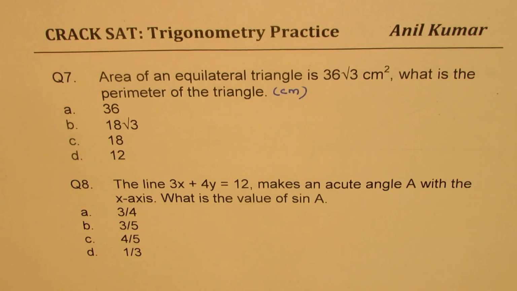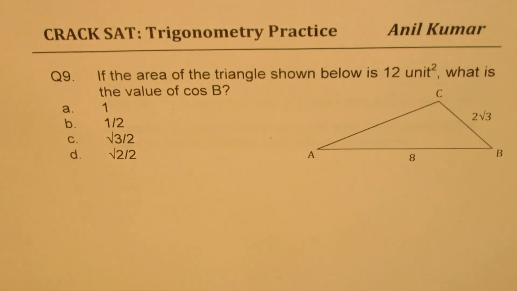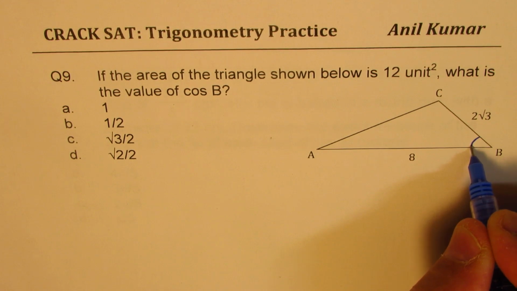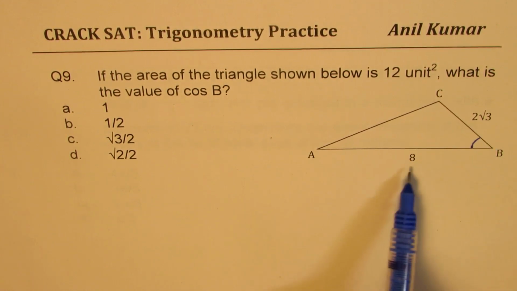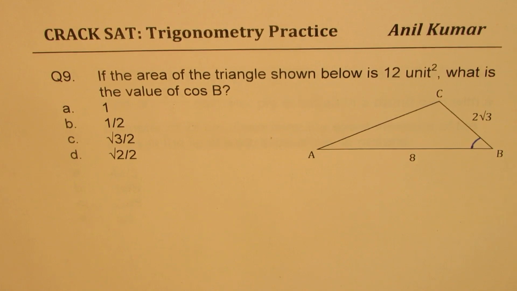What is the value of sine A? Question 9. If the area of the triangle shown below is 12 square units, what is the value of cos B? That's the angle B for you. So BC is 2 square root 3 and AB is 8.